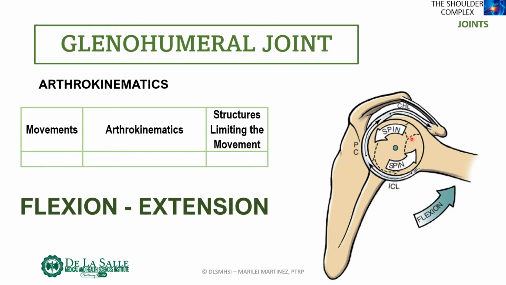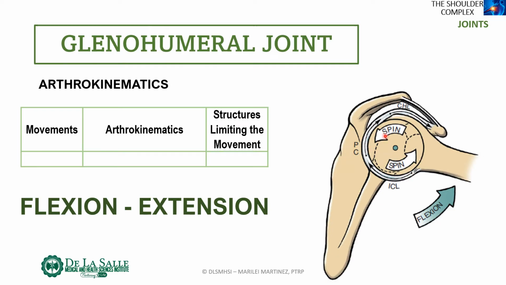Okay, there is no rolling. Instead, we have spinning. Okay, so specifically for flexion, this is anterior view, anterior part, posterior part. So this is lateral view. Okay, so during flexion, there is spinning only.